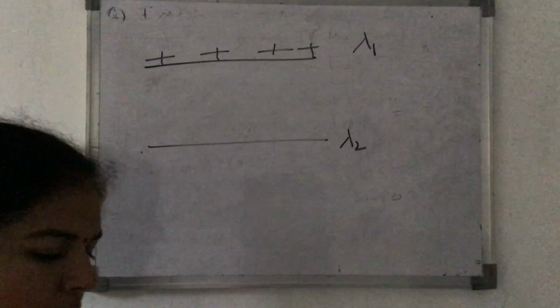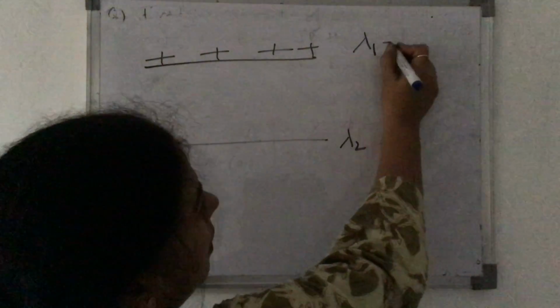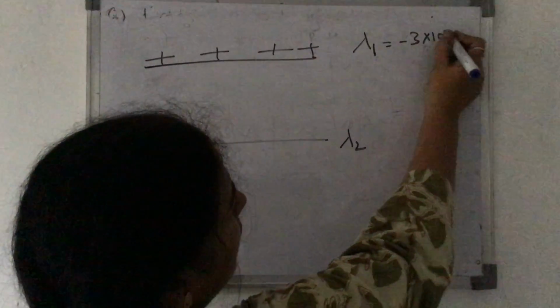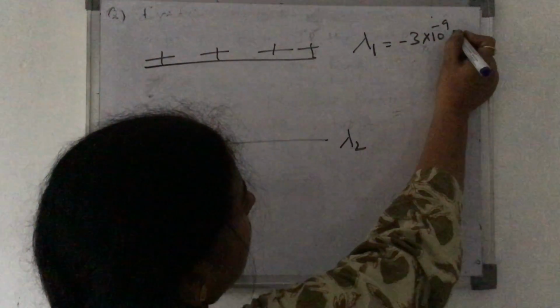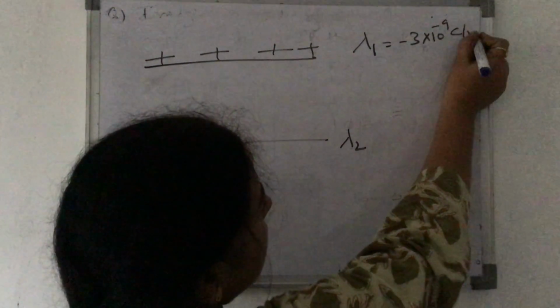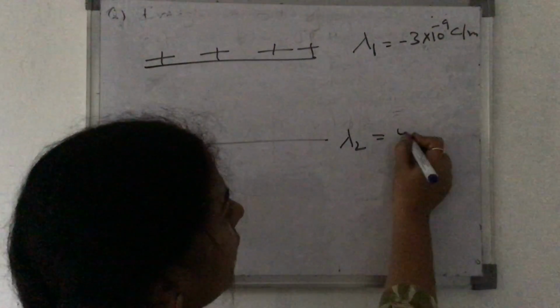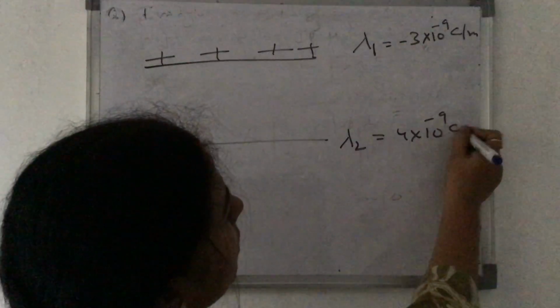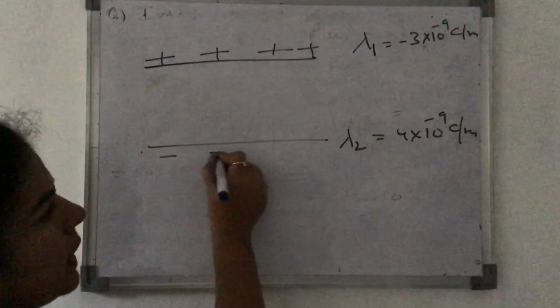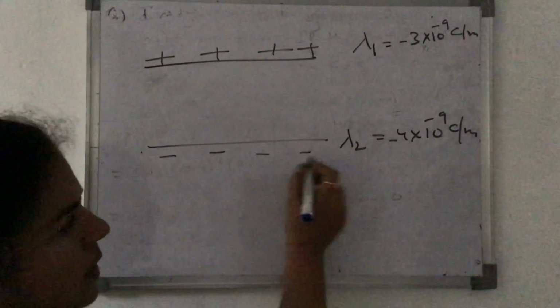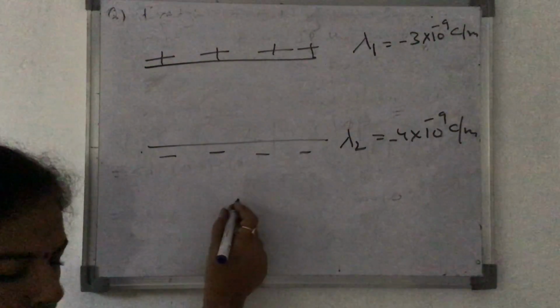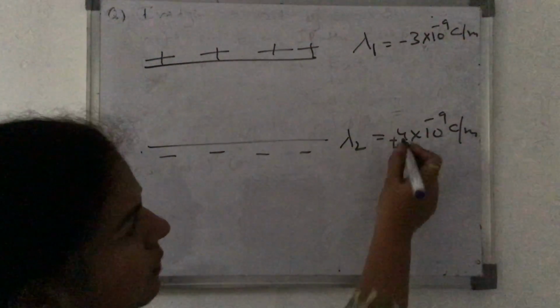Let's say the value of λ1 is equal to minus 3 into 10^-9 coulomb per meter and the value of λ2 is equal to 4 into 10^-9 coulomb per meter. This one is negatively charged and this one is positively charged.